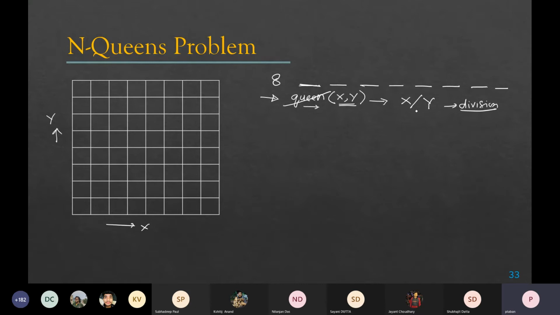So if we just say 2, 5, this is your 2 and 5. Let's say we have a configuration like this, and say 3, 7 and 6, 1. So this can be represented as 2, 5, 3, 7 and 6, 1.